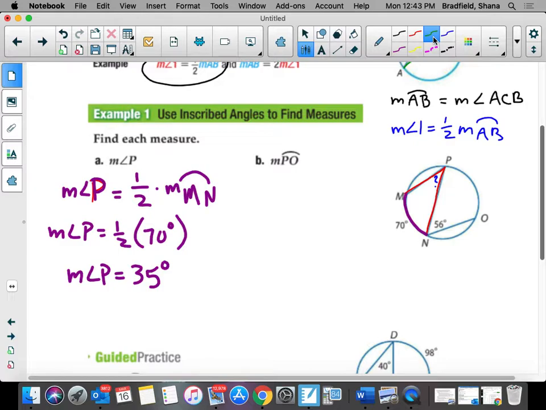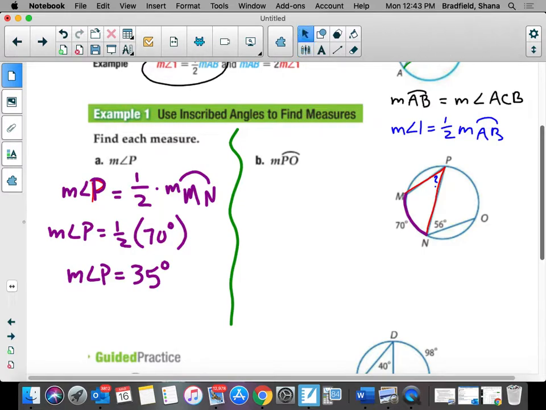Okay, so for the next one, for B, it says we want the measure of arc PO, which is this one. So to determine what angle created that, I'm going to follow from the endpoints to the vertex of the angle.